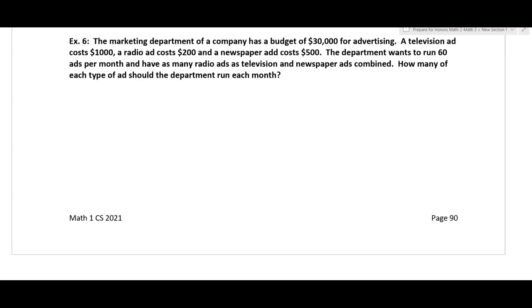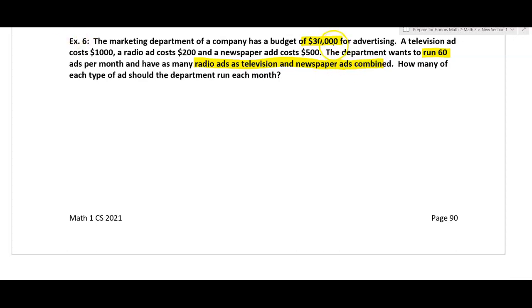So there's three things that they give us here. They tell us they have a budget of $30,000. They tell us the number of ads they want to run. And they also tell us the radio would have to equal this, television and newspapers combined.